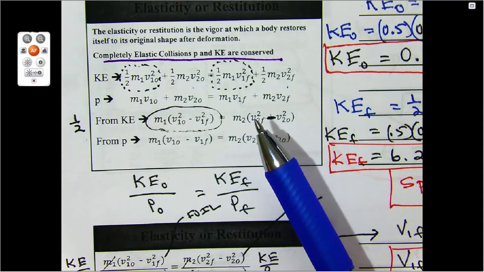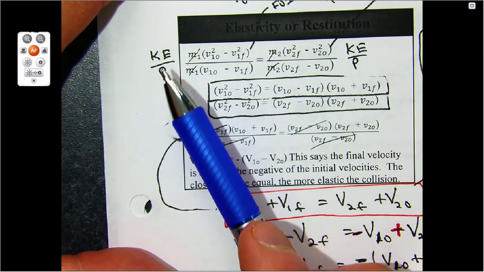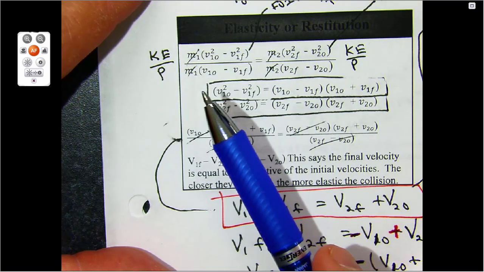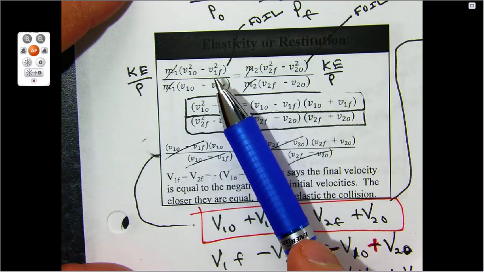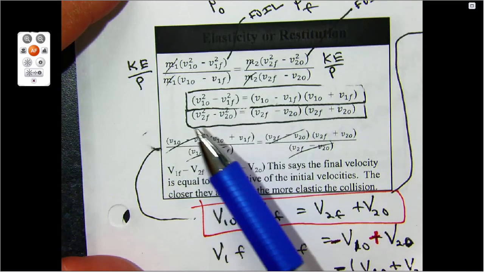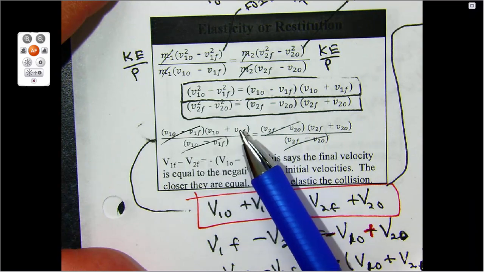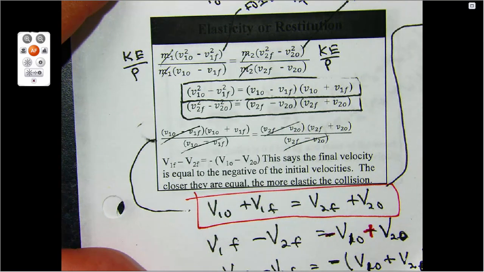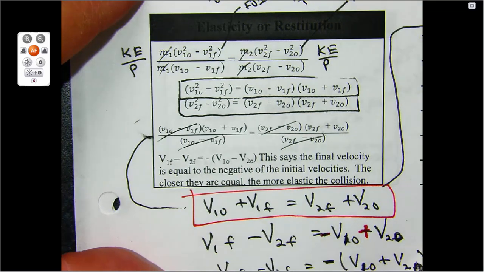But if we divide them out and put a line over top of these, now I have kinetic energy over momentum. And I start trying to reduce this and factor things out. But look at FOIL. This V1 initial squared minus V1 final squared is the same as V1 initial minus V1 final times V1 initial plus V1 final. So I'm deriving this and eliminating things.